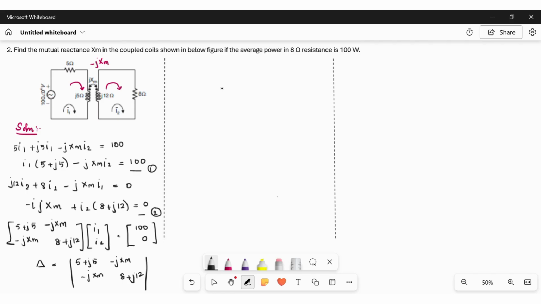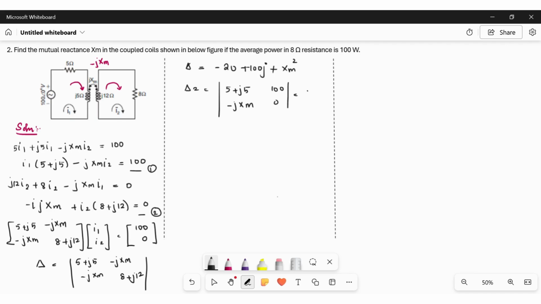As we all know how to solve for delta, if we solve for delta, the answer would be delta is equal to minus 20 plus 100j plus XM square. And we need to find I2. For that, we need delta 2. So delta 2 can be written as 5 plus j5, minus jXM, and 100, 0.